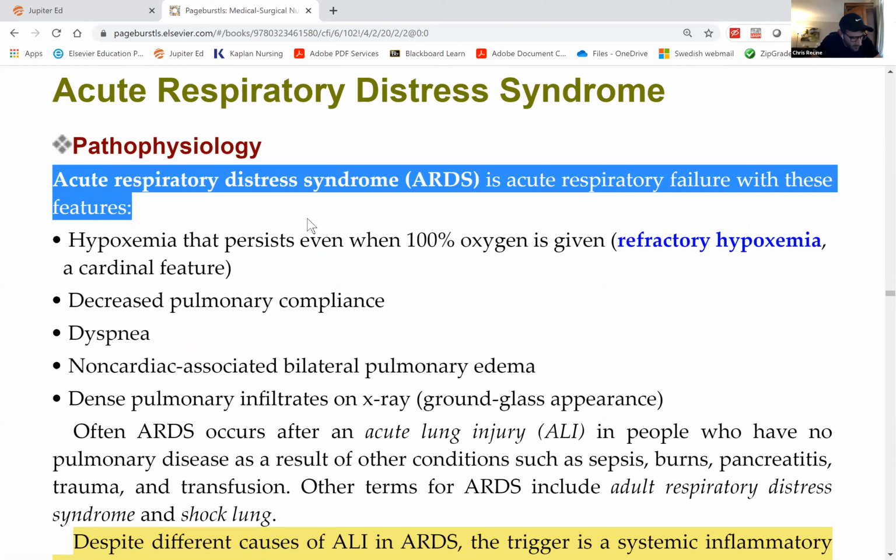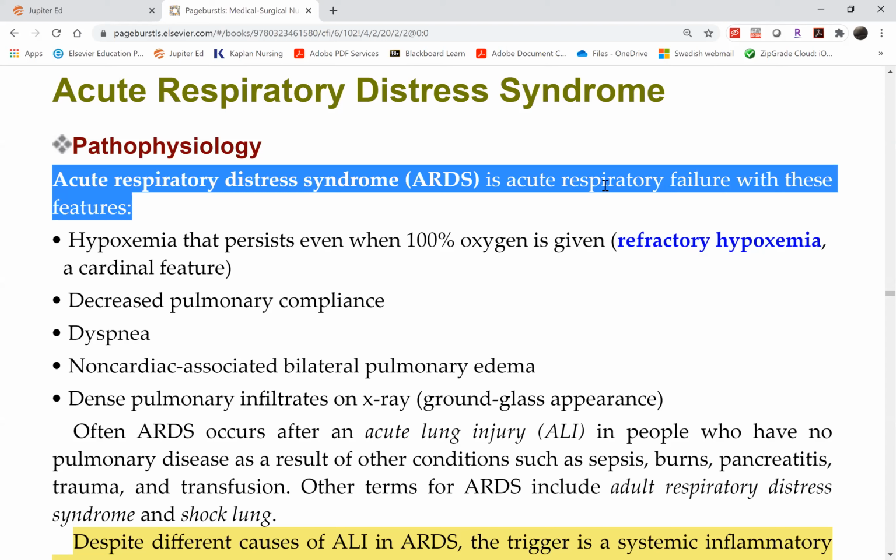Acute respiratory distress syndrome is acute respiratory failure with these features. All right, pause for a minute. So it says acute respiratory failure. So does it have a PaO2 less than 60? Yes or no?